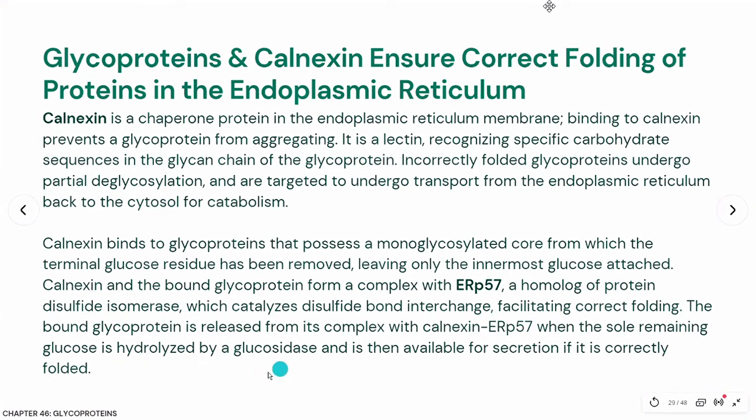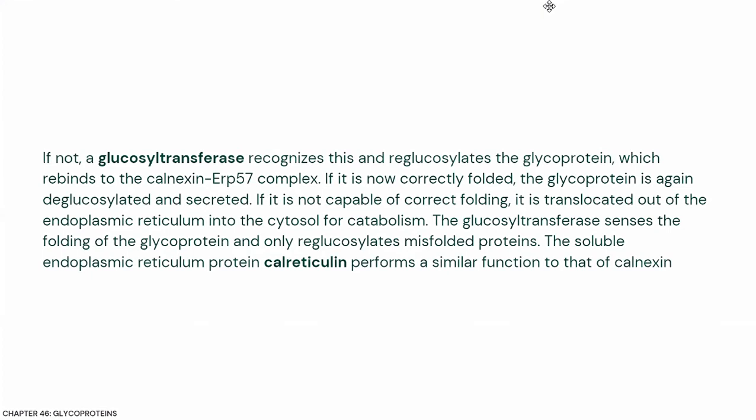So if it is correctly folded, it is available for secretion outside the endoplasmic reticulum. If not, a glucosyl transferase recognizes it and rebinds the calnexin. It is now correctly folded.